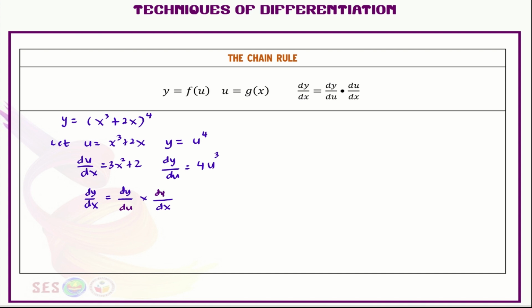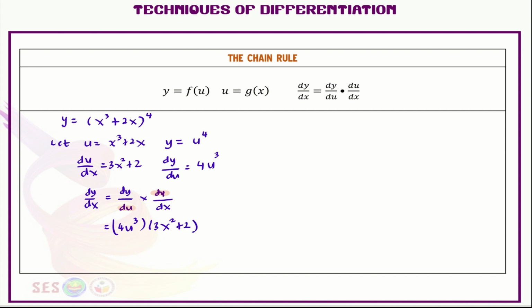To get our dy/dx, we multiply dy/du with du/dx, so we eliminate the du and du in order to get dy/dx. So dy/du is 4u cubed, and our du/dx is 3x squared plus 2.